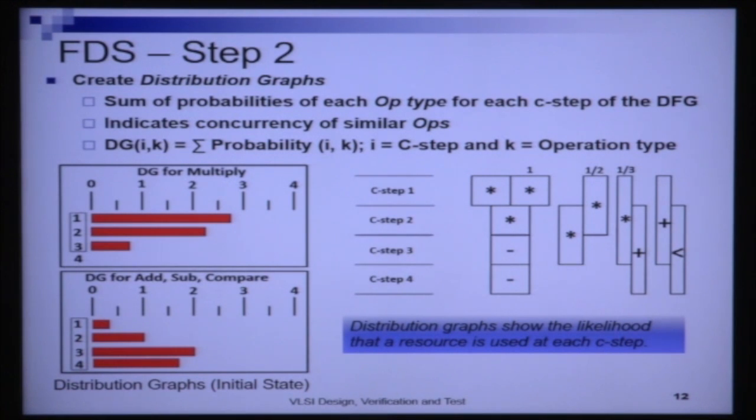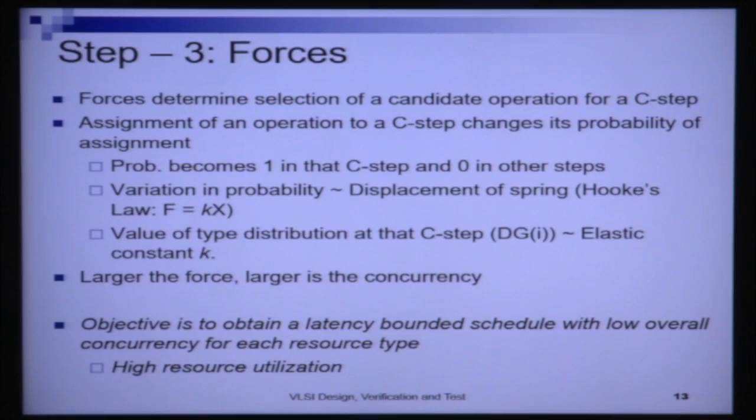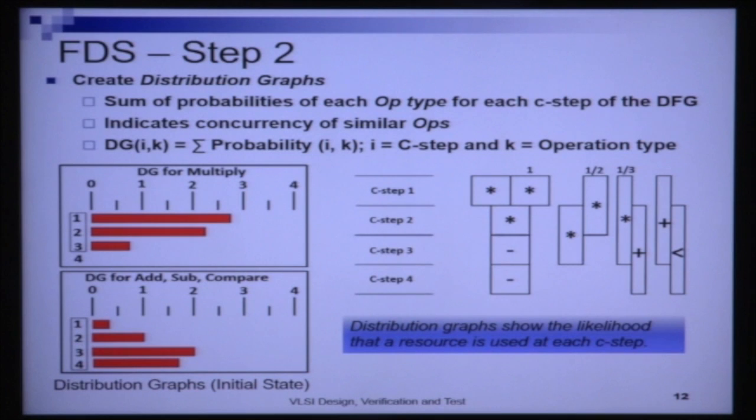For example, let us see for the multiplication operation. For the multiplication operation, it says that at the first time step, the value for the distribution type multiplication is 2.8. So, how does this 2.8 come? It is 1 plus 1 plus half plus 1/3. So, what is it being summed upon?